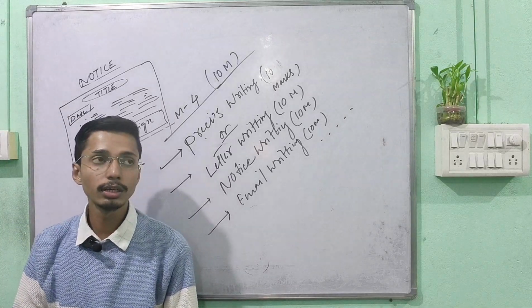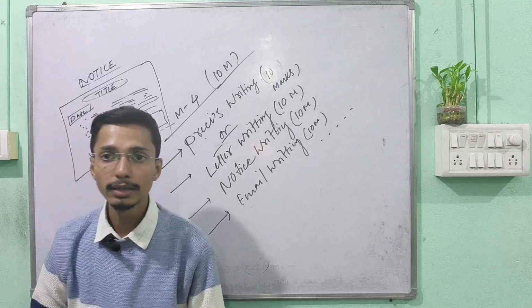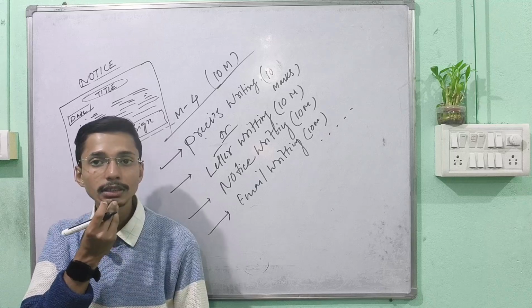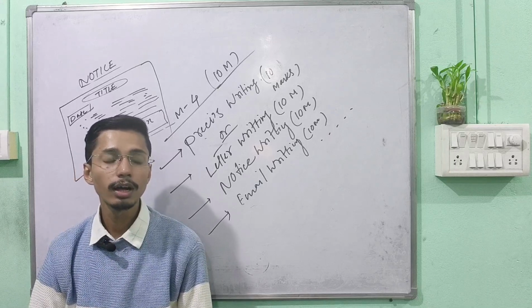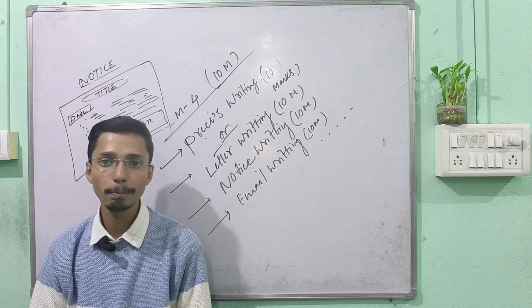So suppose you have to write a notice to a local MLA, okay, as a citizen, or as a local citizen you have to write a notice to your local MLA for the concern of blood donation camp.